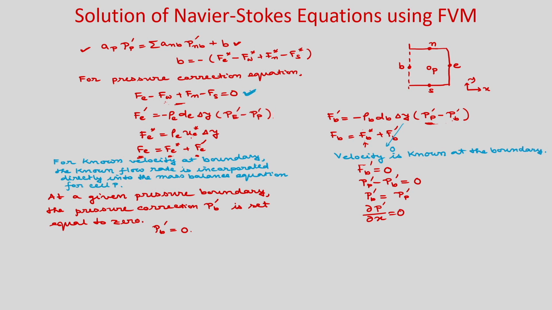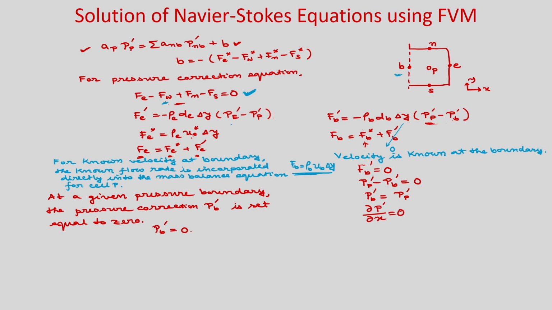So, there we directly put the value of F B is equal to rho B U B delta y, because F B prime is 0. So, this we directly put for this F W, which for this particular case is F B, and the rest we can represent in terms of pressure correction.